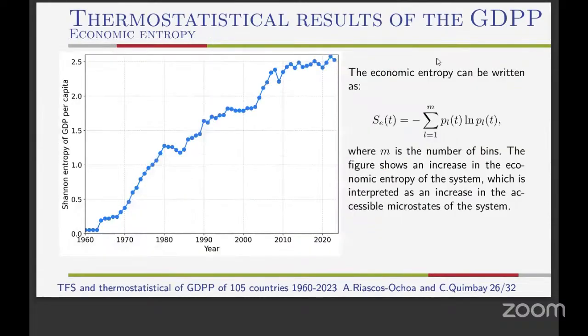Ahora, la entropía económica, definida así, ya no está la constante de Boltzmann claramente, donde L va a ser el país, y M es el número de bins. Nosotros encontramos que la entropía de este sistema también va creciendo. Y puede ir describiendo el número de estados accesibles del sistema.